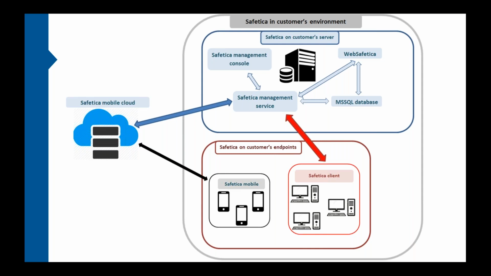The database we use is Microsoft SQL, and it stores all the policies and logs from the data flow in the company. For each endpoint that we would like to protect, we distribute the Safetica solution. This can be distributed via standard software like GPO or ERA or any third-party software.